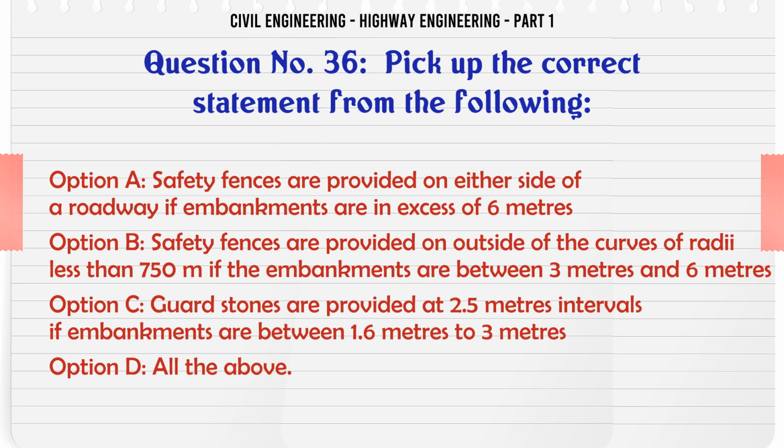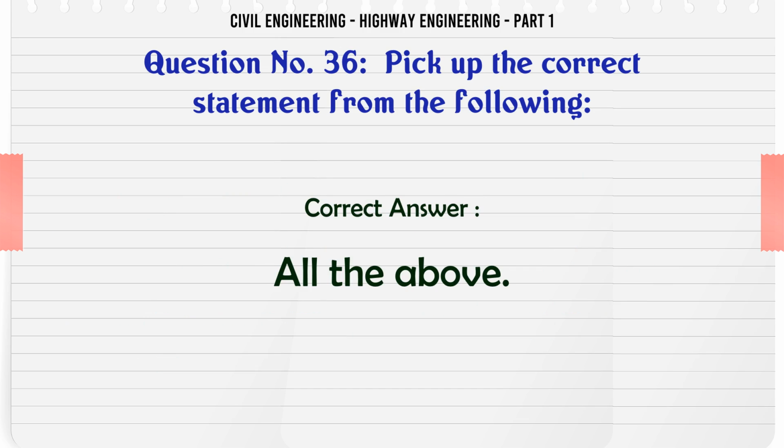B, safety fences are provided on outside of the curves of radii less than 750 m if the embankments are between 3 meters and 6 meters. C, guard stones are provided at 2.5 meter intervals if embankments are between 1.6 meters and 3 meters. D, all the above. The correct answer is all the above.